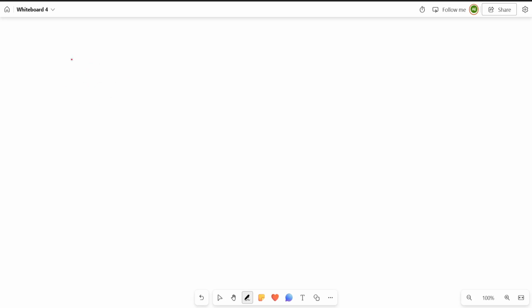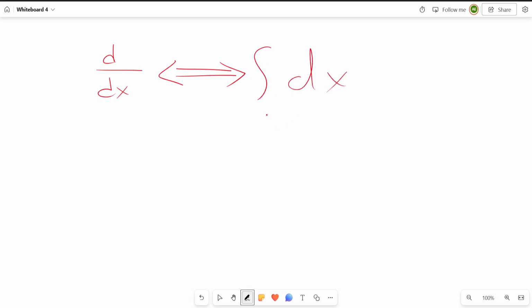Before I start, I just want to remind you that differentiation is basically the opposite of integration with respect to dx.